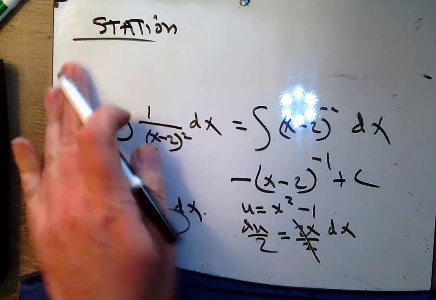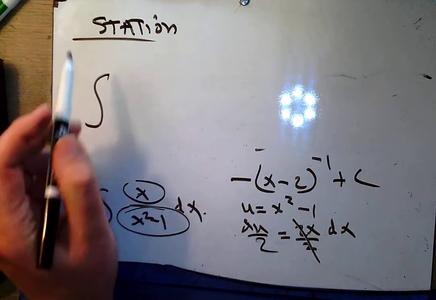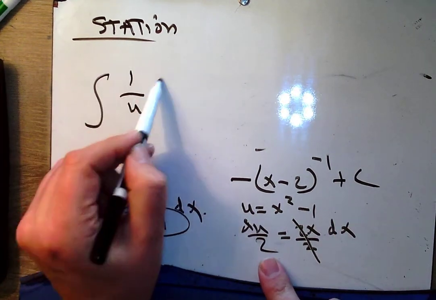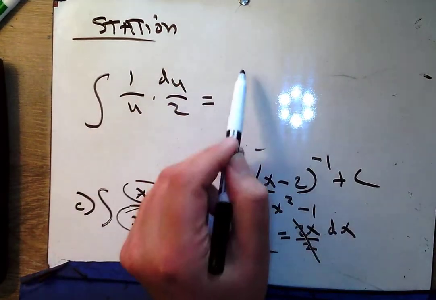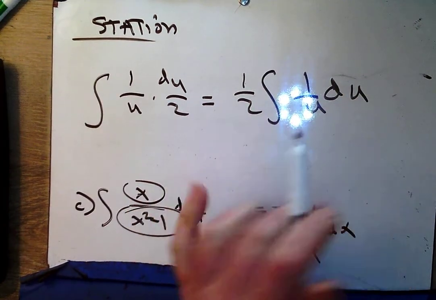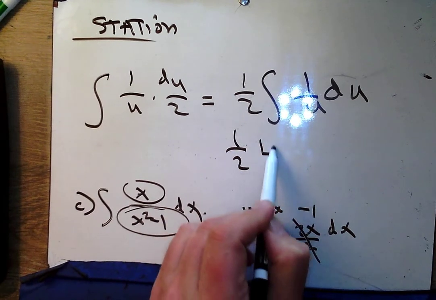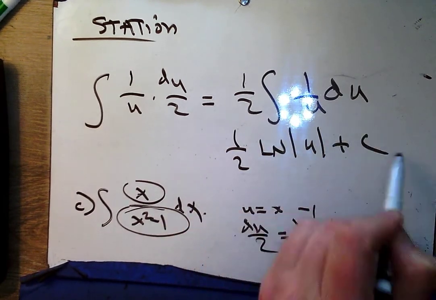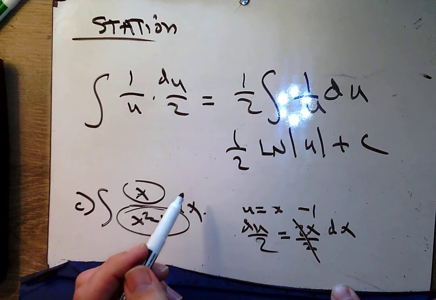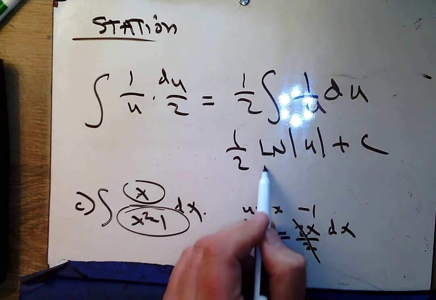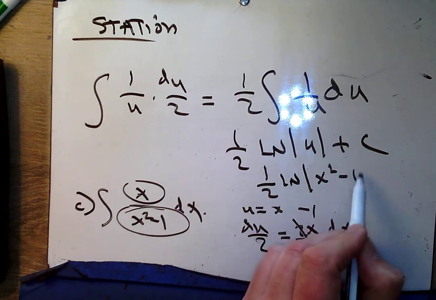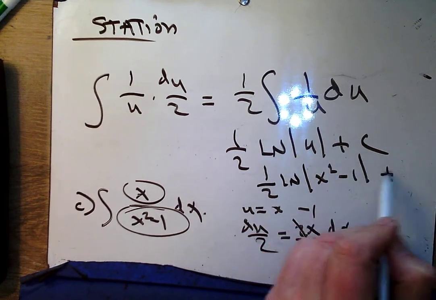Well, I can rewrite this as the integral of 1 over u times du over 2, or 1/2 times 1 over u du. So in this situation, our antiderivative would be 1/2 ln|u| plus c, and our u was x squared minus 1. So 1/2 ln|x squared minus 1| plus c.